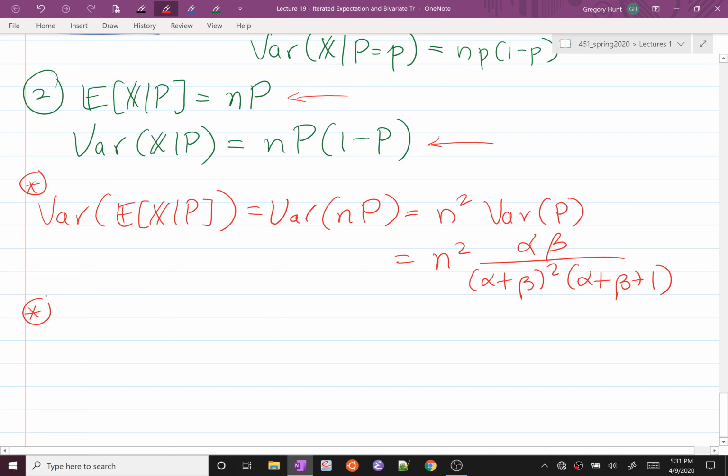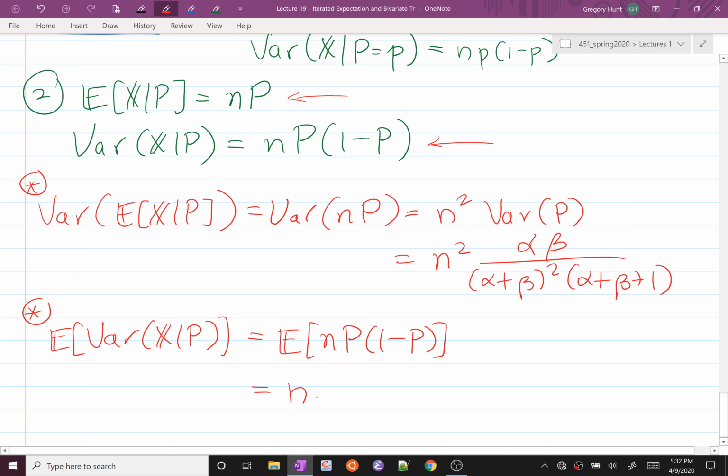The second part of the calculation is we need the expected value of the variance of x given p, which is the expected value of np times 1 minus p, which I can write like this. I can bring out the n. It's n times expected value of p minus p squared.